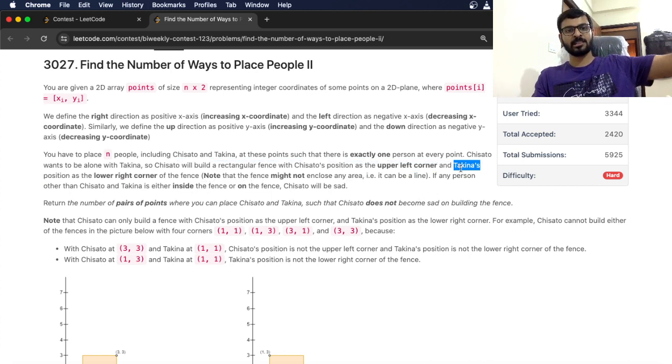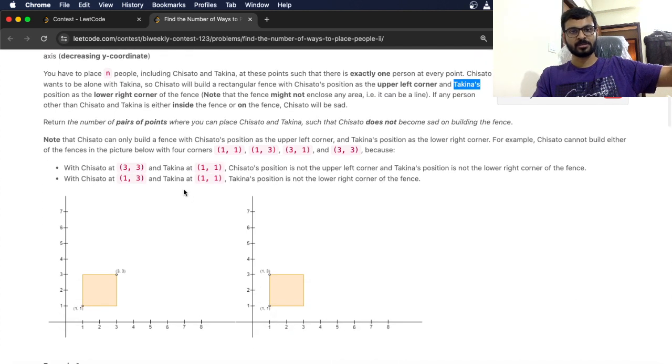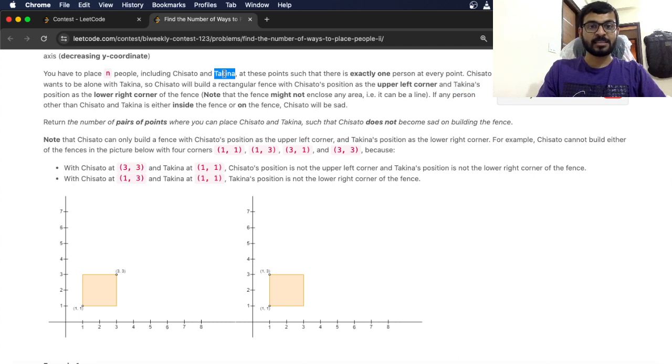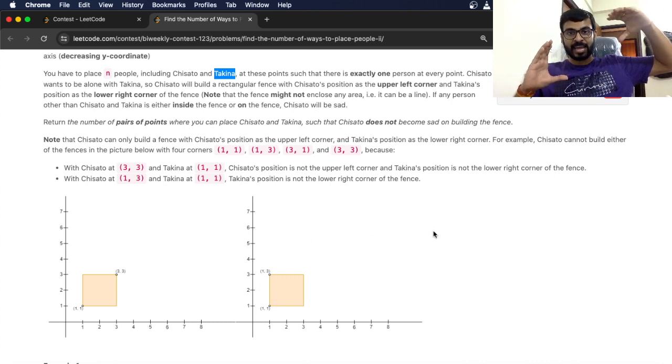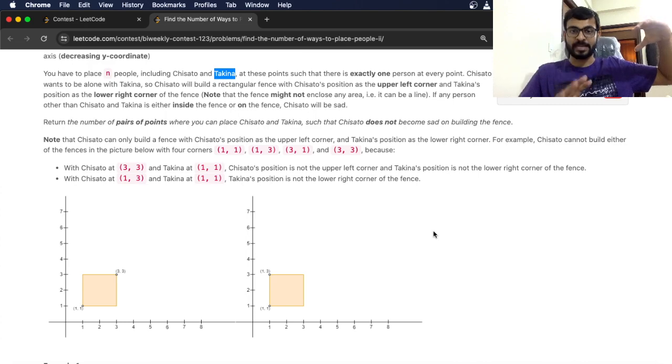Takina wants to be at the lower right corner, which means they want to build such a rectangular fence that Chisato occupies the top left corner, and Takina occupies the bottom right corner, and in that rectangle that is formed between them, there is nobody else.